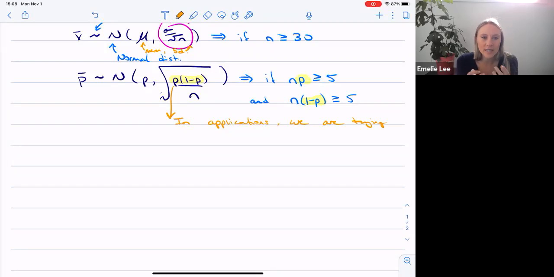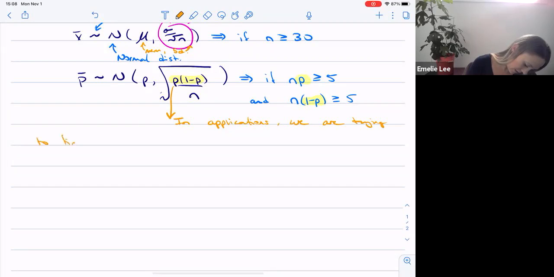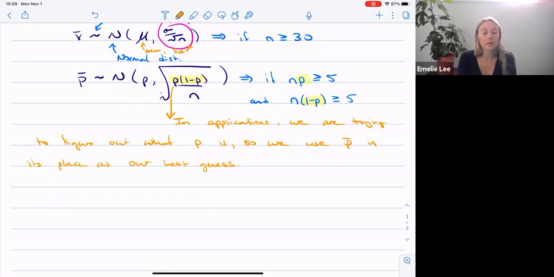Our best guess at that is P bar, the sample proportion. So in applications, we use P bar in its place as our best guess.